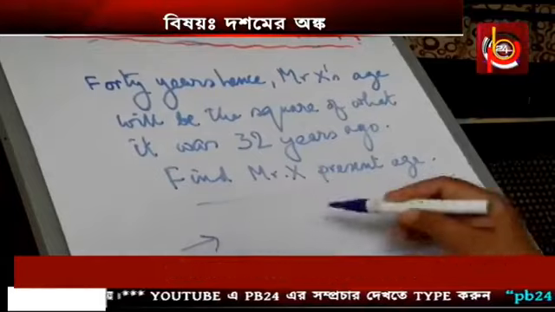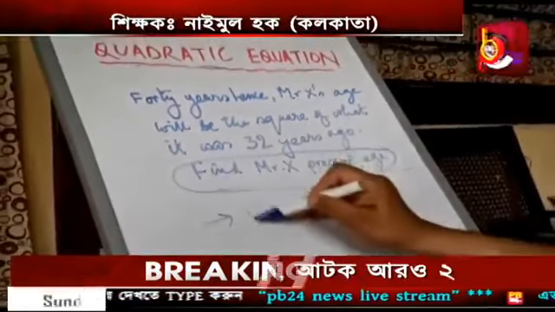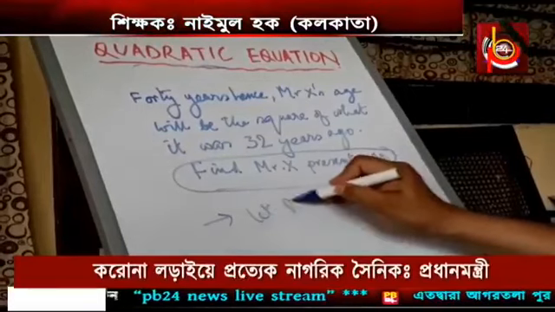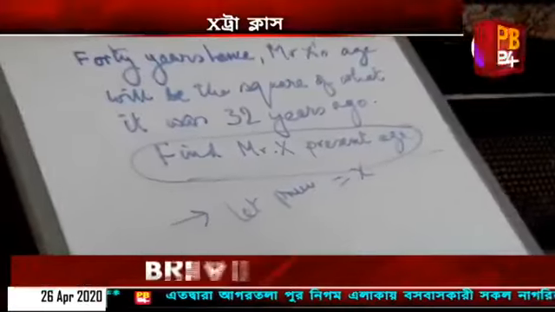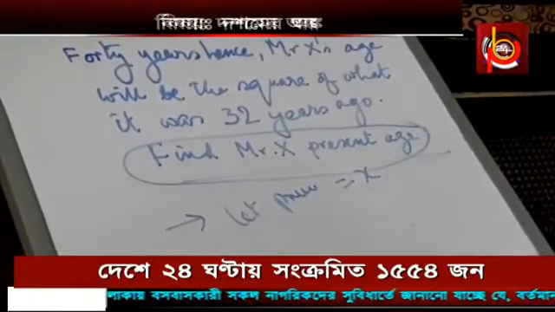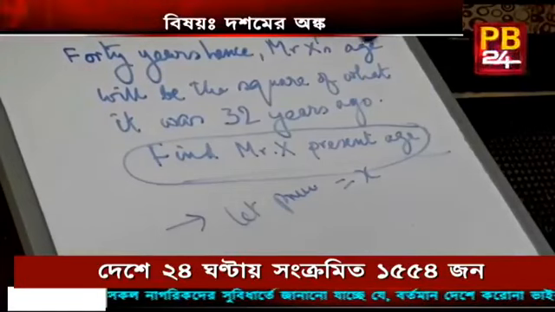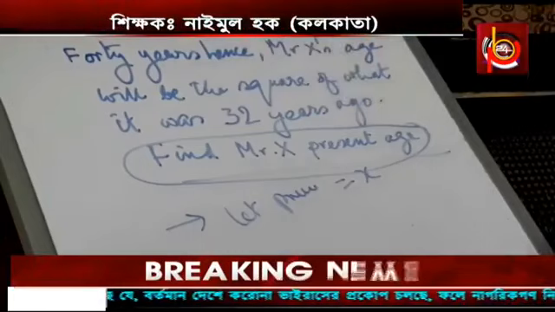The question is the present age we have to find. So let the present age of Mr. X be x. Now we have to go through the sum very sincerely, that his age will be the square of what it was 32 years ago.